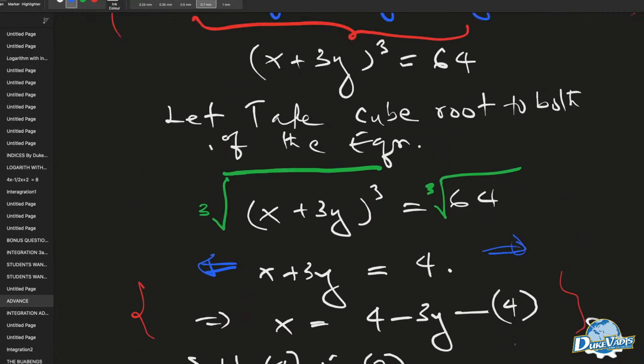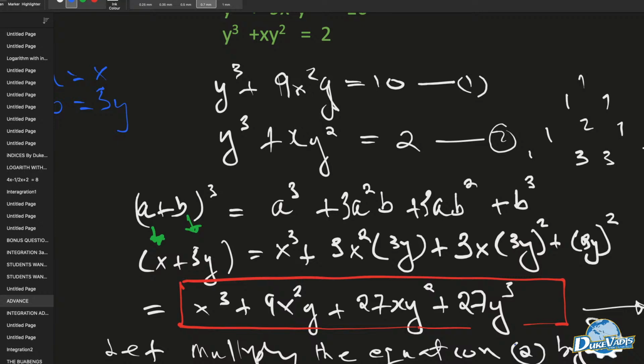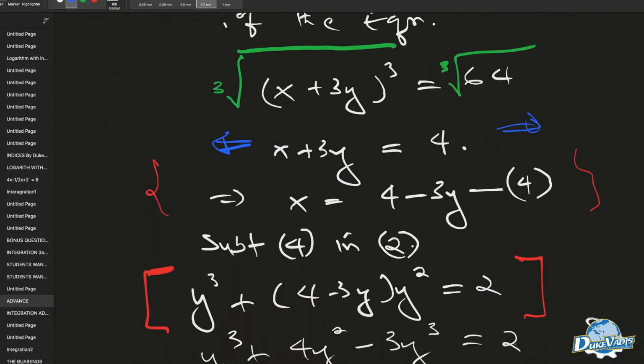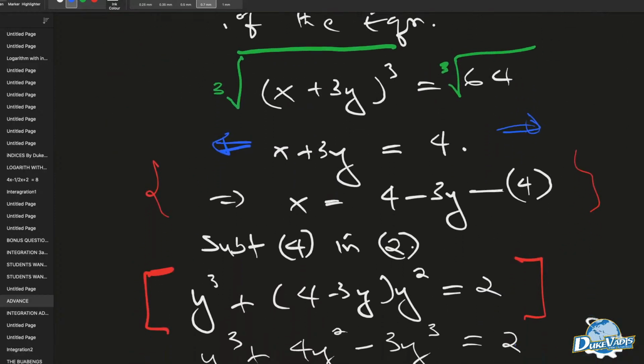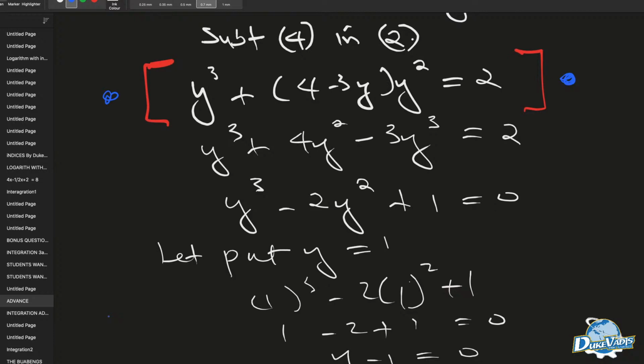We know that our equation 2 is this one, y cubed plus xy squared is equal to 2. When we did that and simplified it, we achieved a cubic equation, a polynomial.